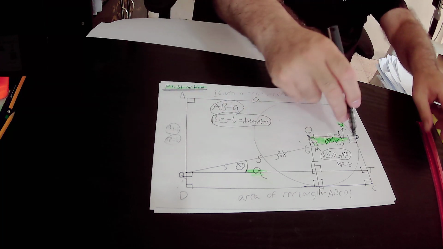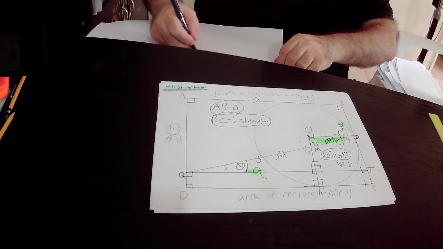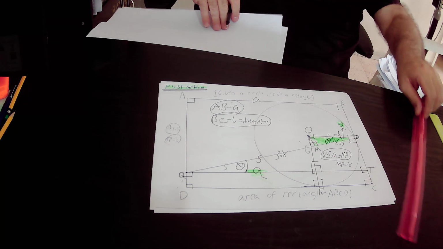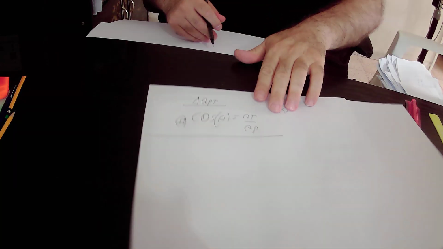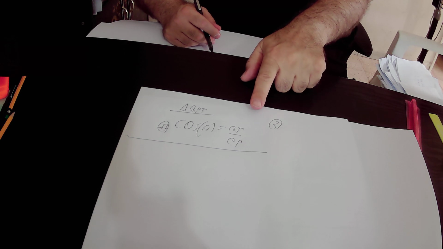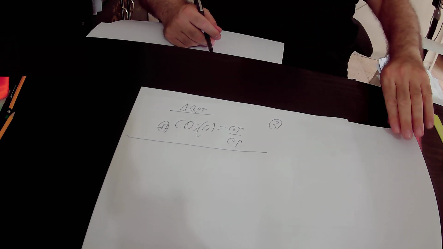Cosine theta equals QT over QP. Repeat again: in the right triangle QPT, cosine theta equals QT over QP.